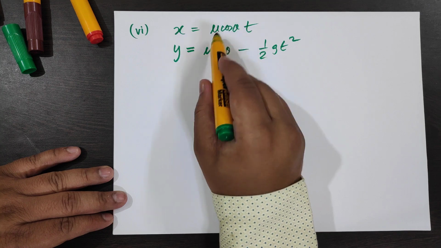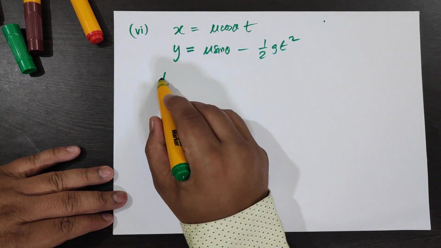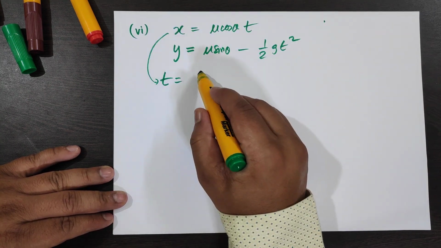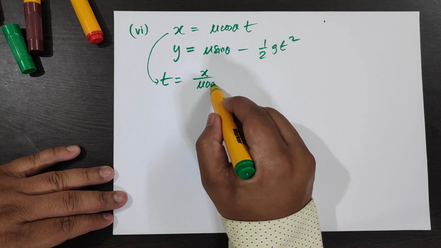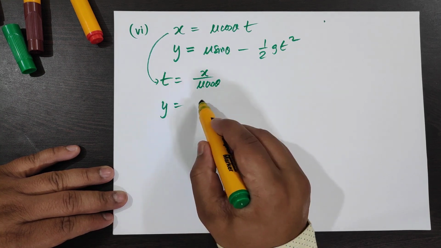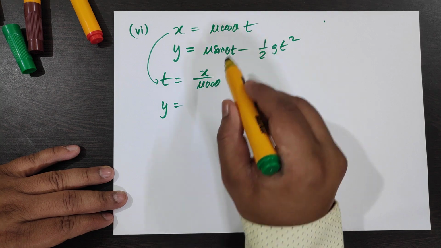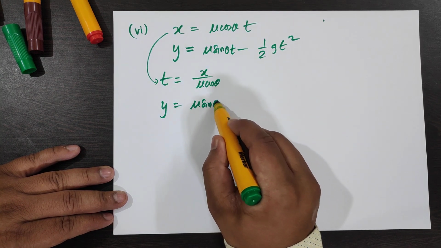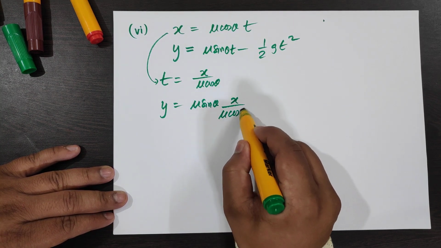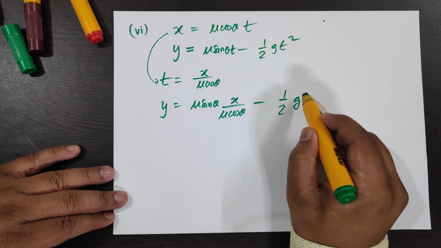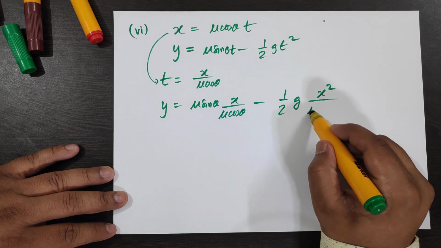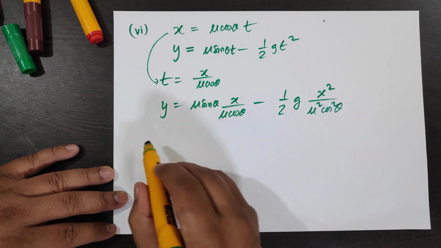From the first equation you get t equal to x divided by u cos theta, and put it here. So u sin theta t becomes u sin theta into x by u cos theta, minus half g times x square by u square cos square theta.